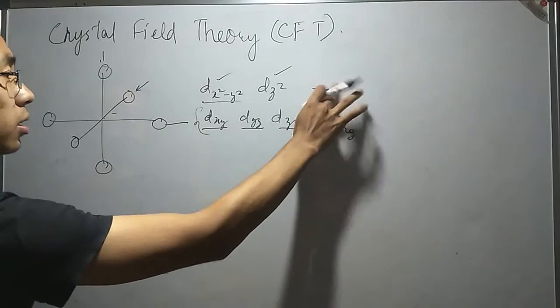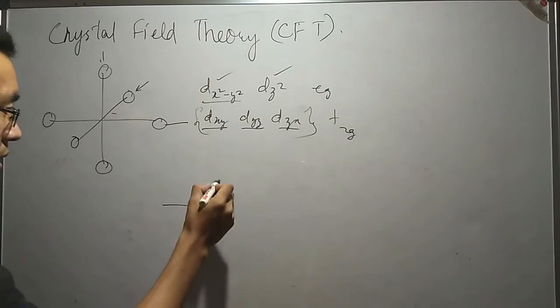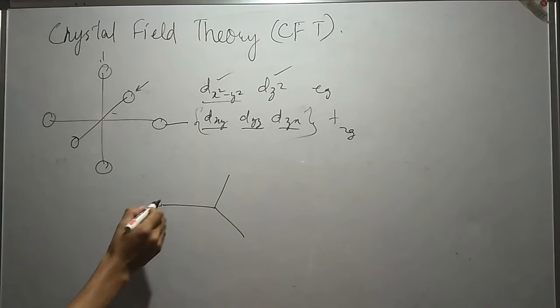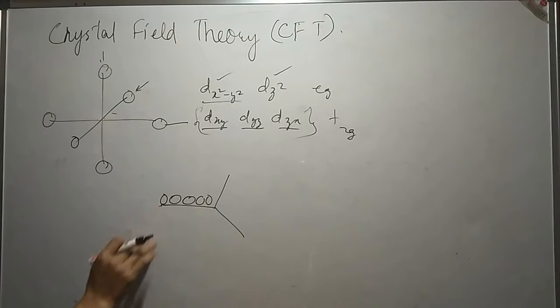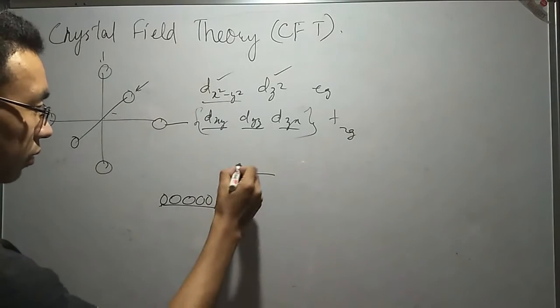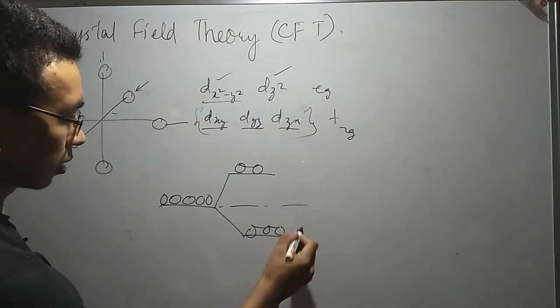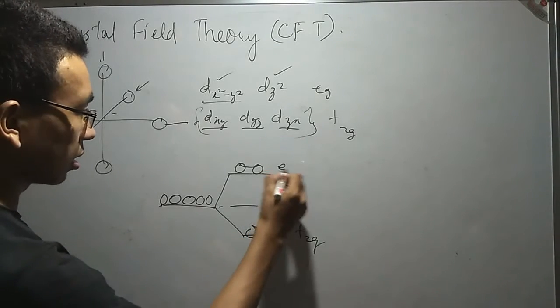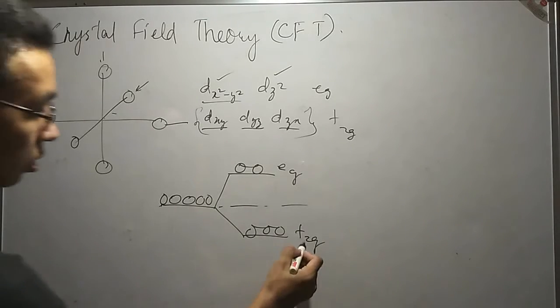So that's why they are raised to a higher level like this. This is the T2g set and this is the Eg set; both are in subscript.